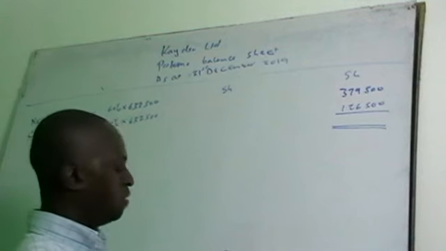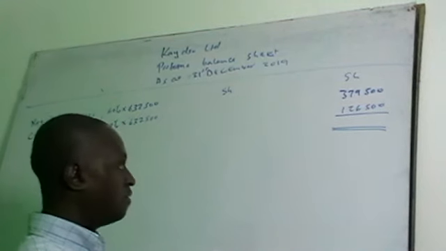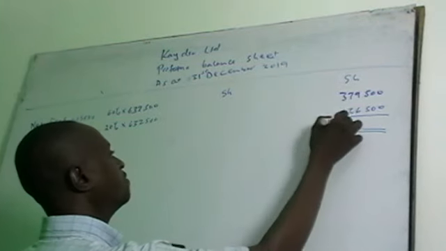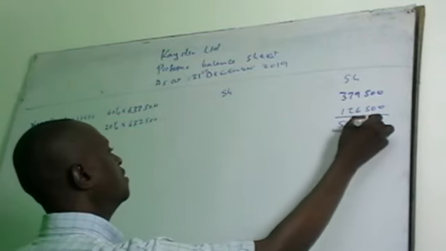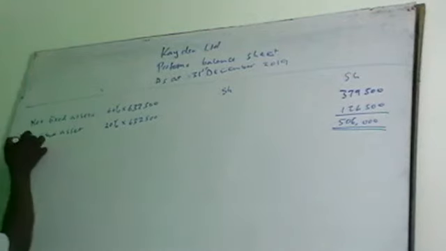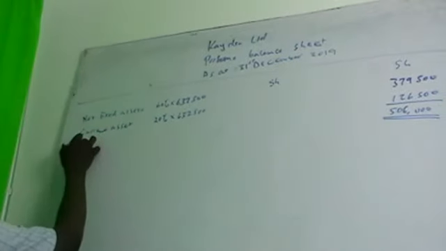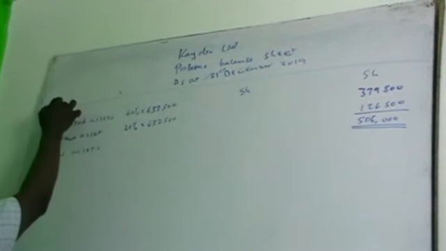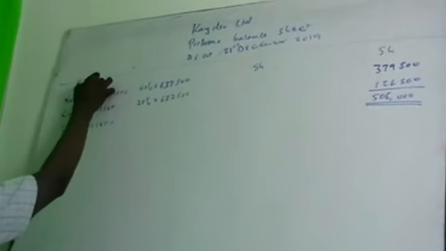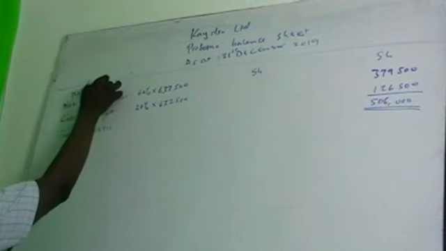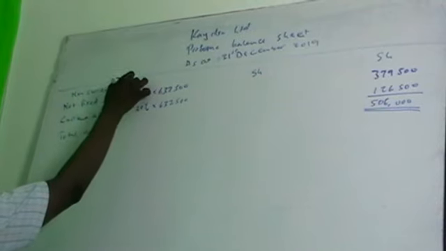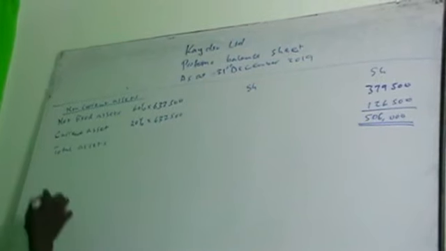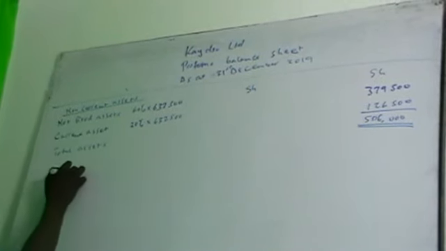So we add 379,500 and 126,500. So this is 506,000. This is known as total assets. Here you can have it as non-current assets. Then we say financed by.